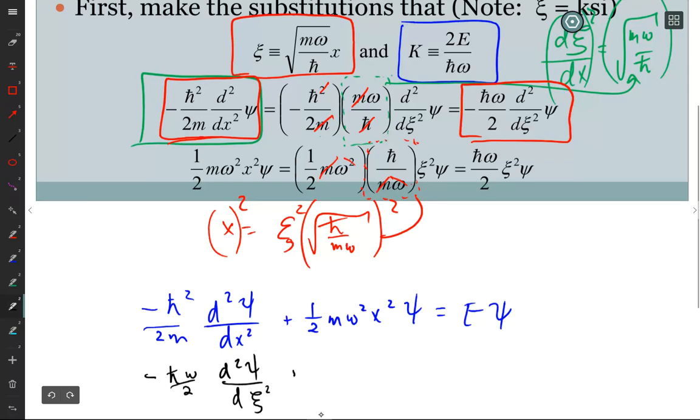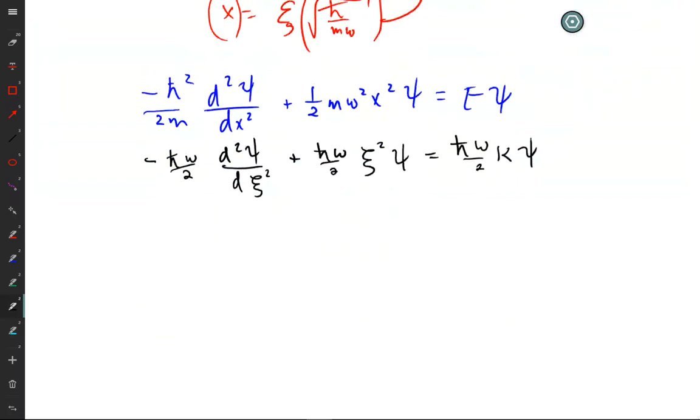The second term becomes h bar omega over 2 c squared psi. And for the final term, notice if we take kappa as 2 energy over h bar omega, then energy is kappa h bar omega over 2. So there in black, I have substituted in the two changes we've made.